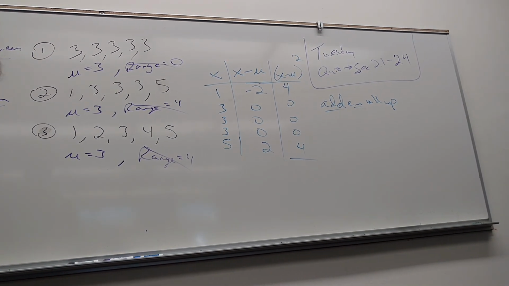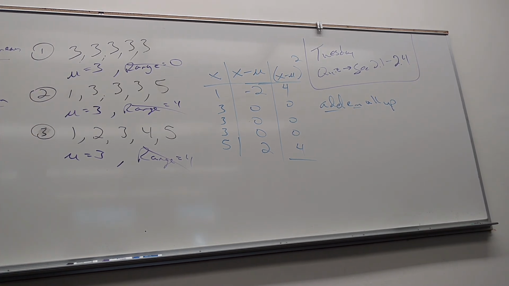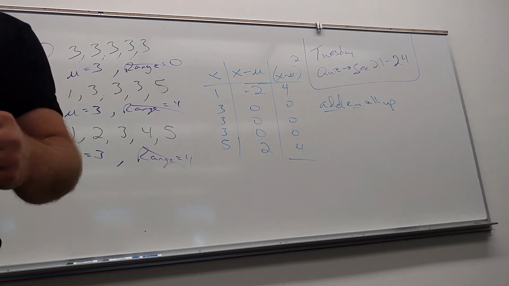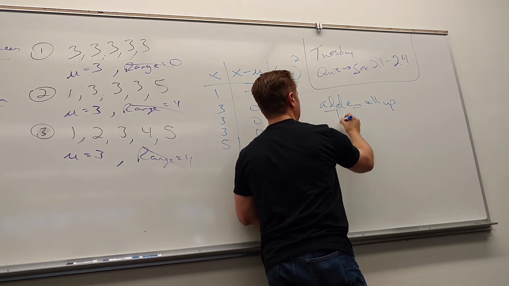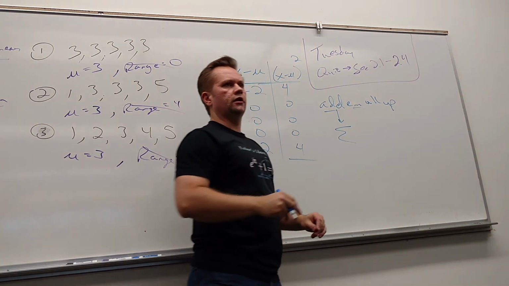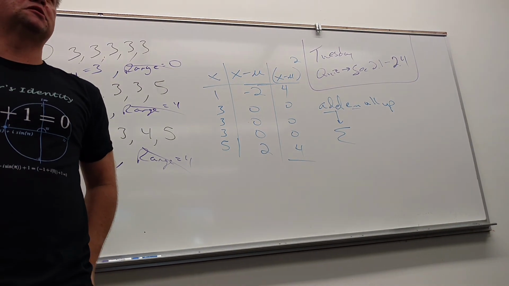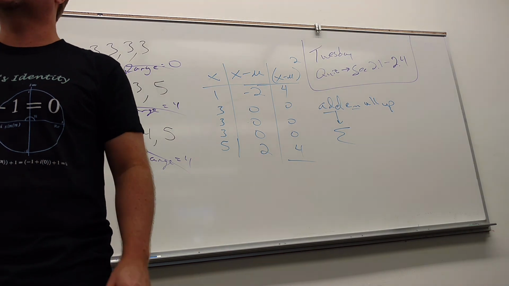Who knows what the Greek letter S is? Sigma. I like it. So if you've done any stuff with sequences and series, you've seen that sigma notation. So add them all up. This is that symbol. There's your sigma symbol. That's capital sigma. In a few minutes, we're going to see lowercase sigma.